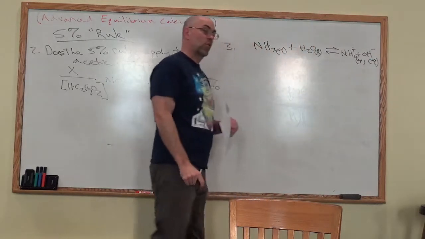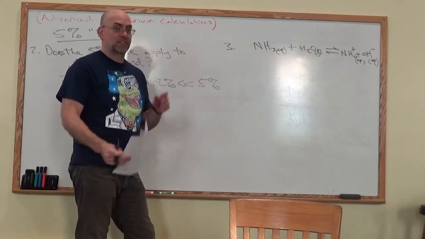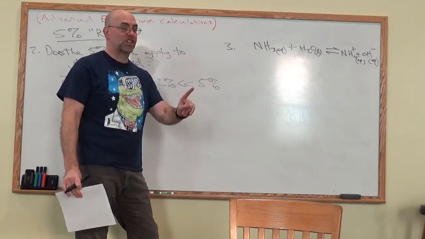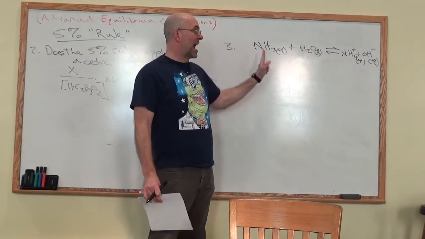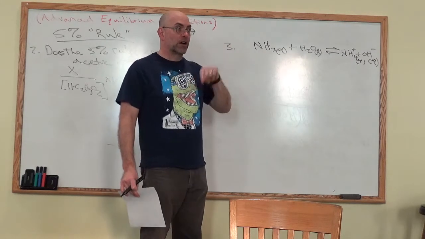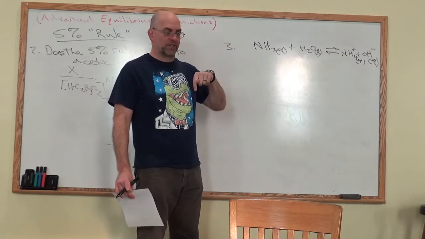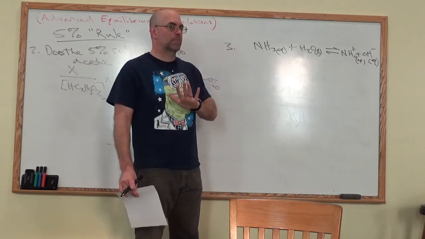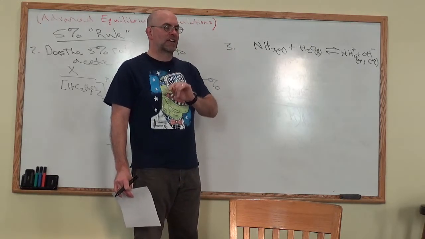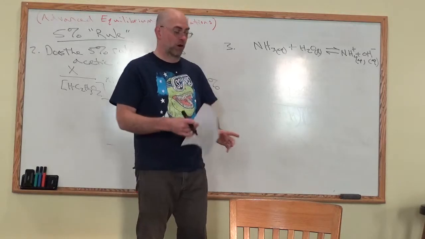There is one little twist in this problem, and this is something that we're going to talk about more in the next chapter. Water, in this one, is actually a reactant, but water is also the solvent. It's part of the medium of the reaction, and we don't typically put those in the K expression. So you've got to take my word for it on this one.